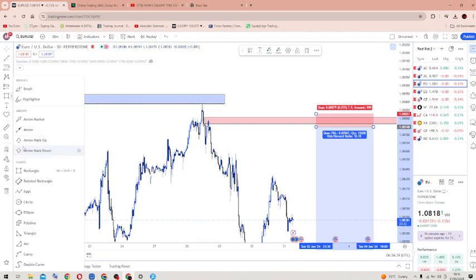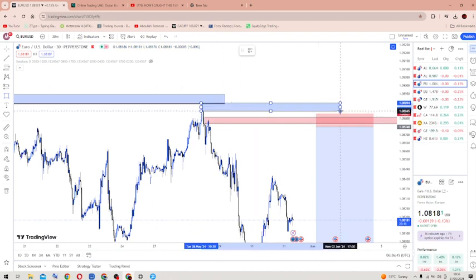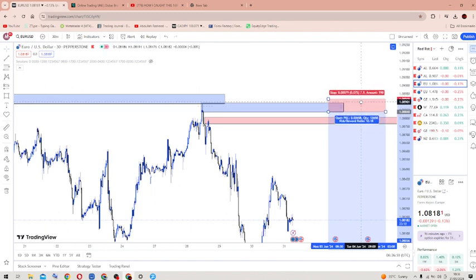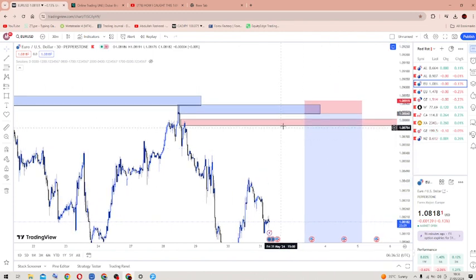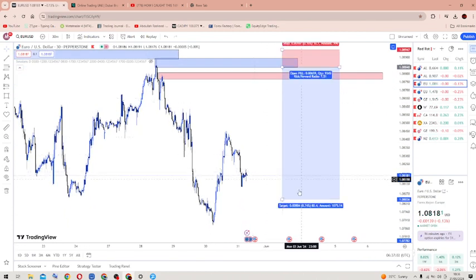This zone over here, this zone over here, and again we have this thing. This is my liquidity zone, and this is my point of interest. I may extend my stop loss above here, and then I'm targeting all the way down here.